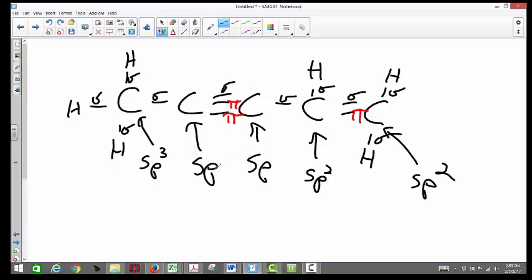This guy, I say sp3, there are 2 pi's, 3 minus 2 is 1, so that's sp. Ditto this guy. sp3 minus 2 pi's is sp. This guy, sp3 minus 1 pi, 3 minus 1 is 2, it's sp2. And this guy, sp2. Those are your only choices, sp, sp2, and sp3.